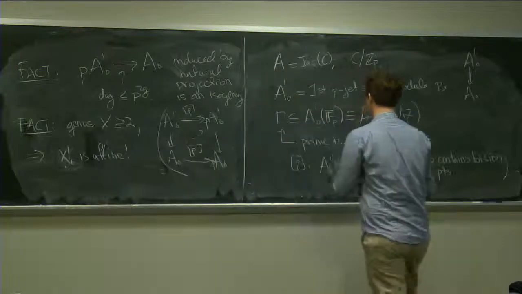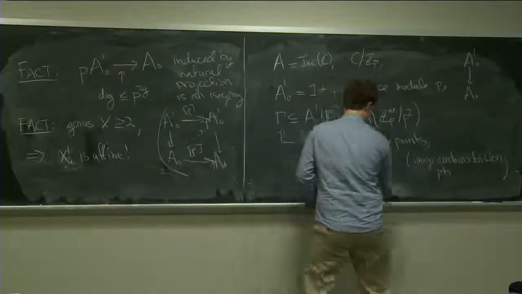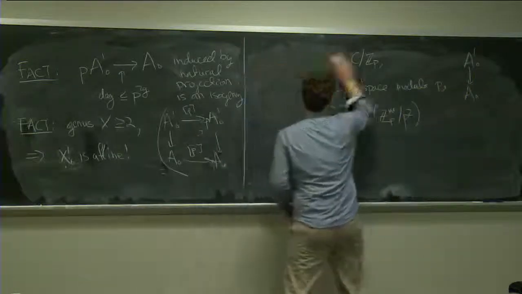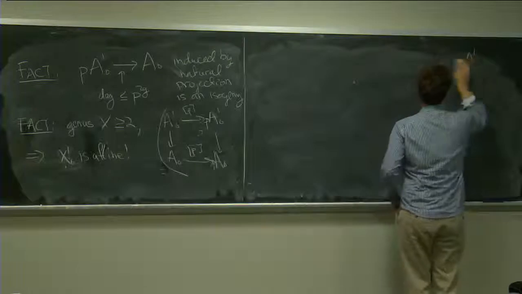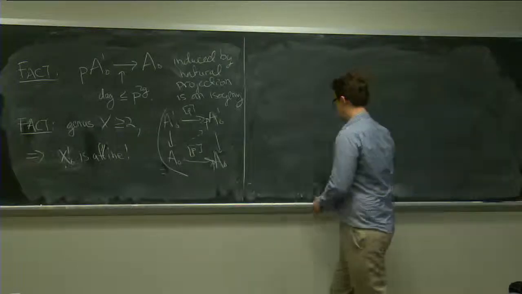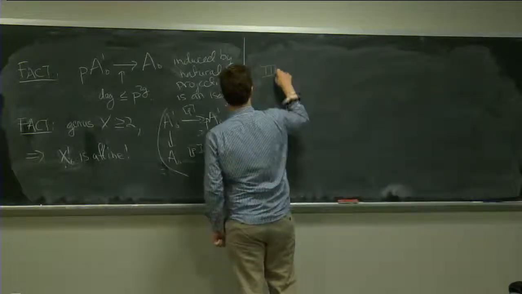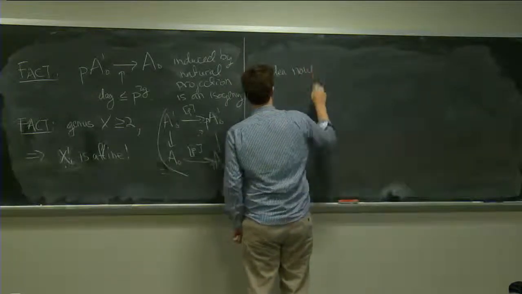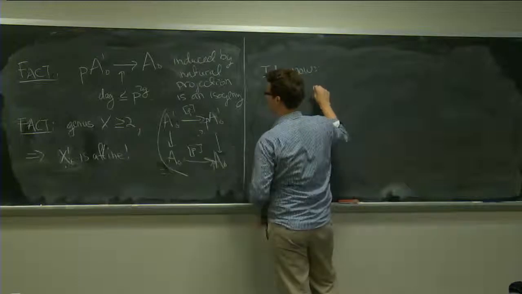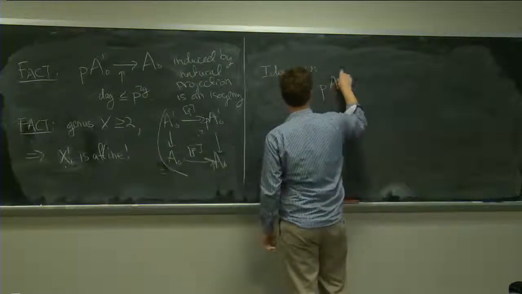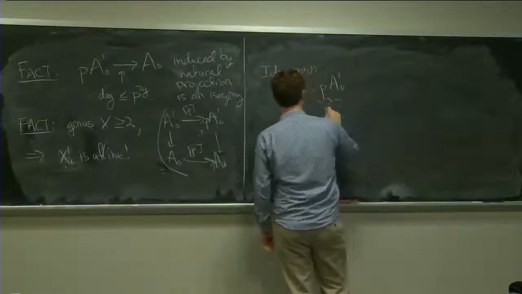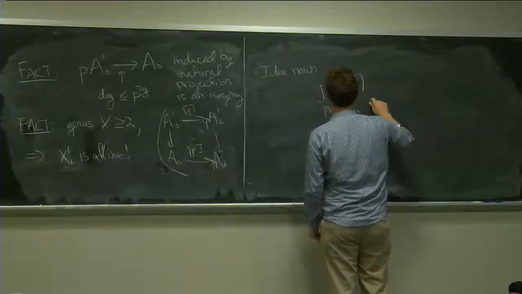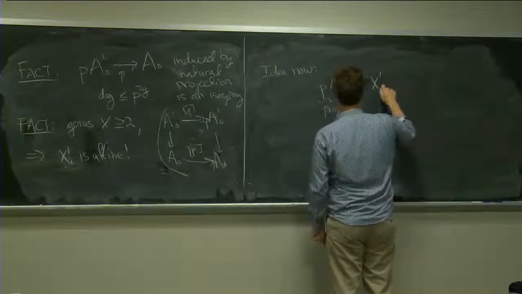Okay, so the torsion points, the idea now is that this is projective, isogenous to an abelian variety, and when I take this curve here, this is affine.